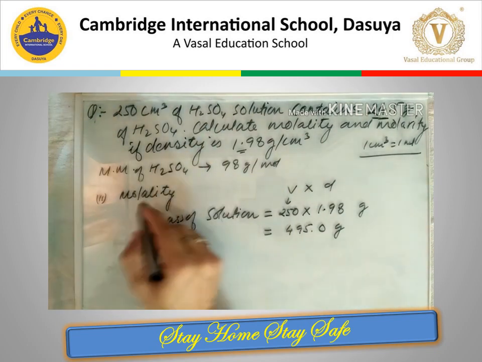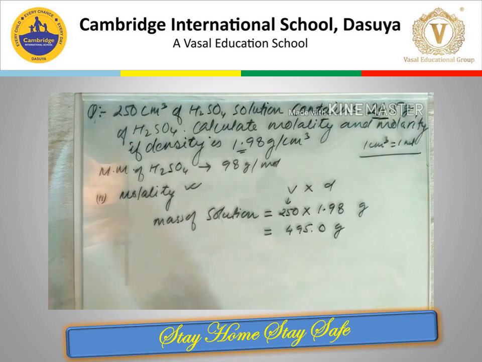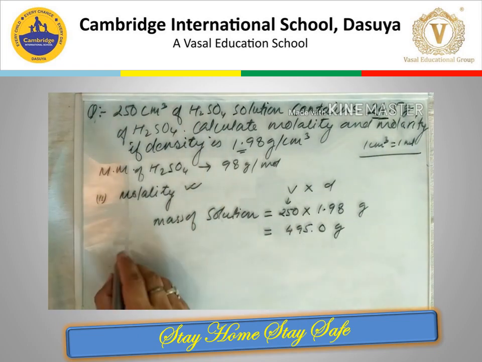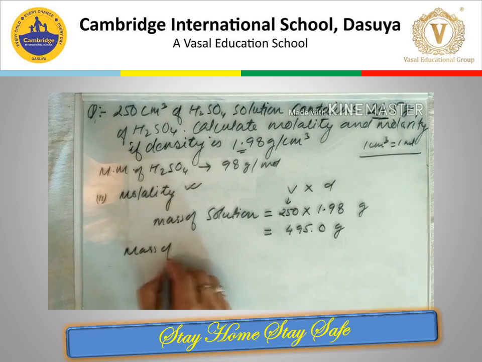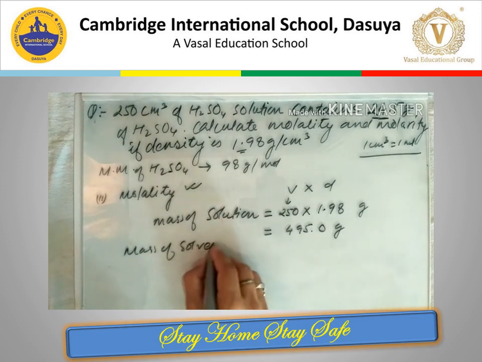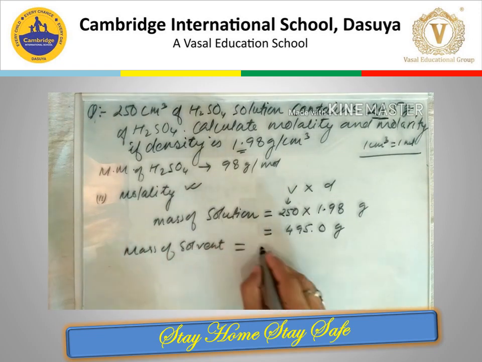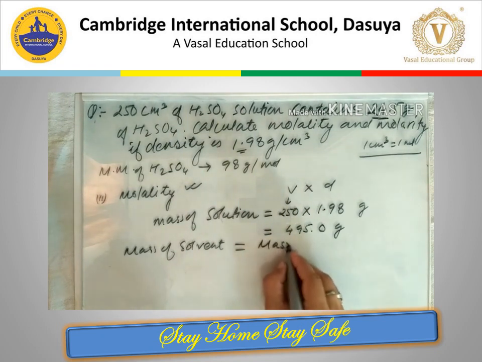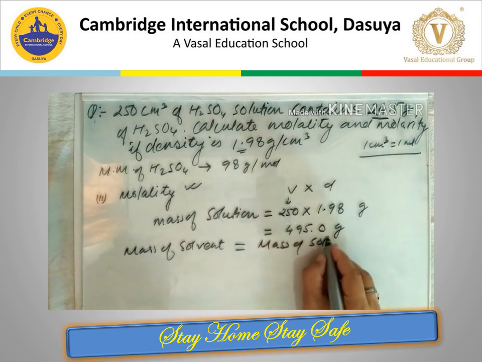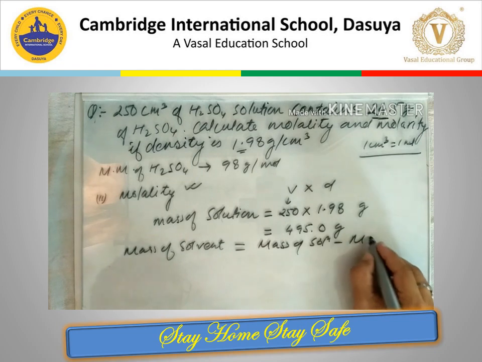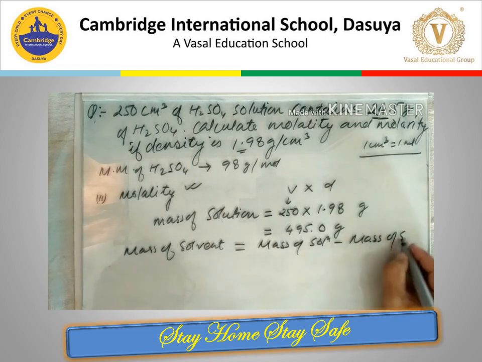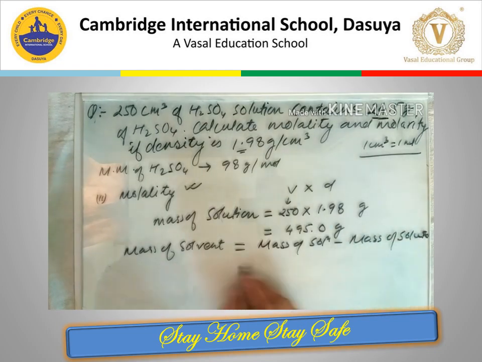Now for molality we need mass of solvent. Okay, so how will we find out the mass of solvent? Since mass of solution is there, therefore mass of solvent equals mass of solution minus mass of solute. Both are given, so we'll put these values simply here.